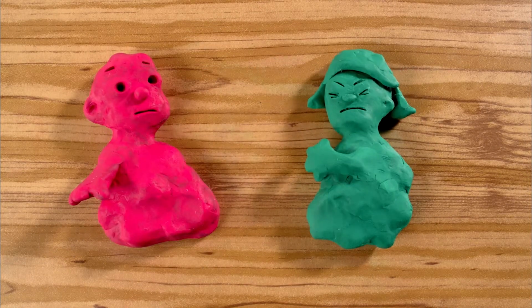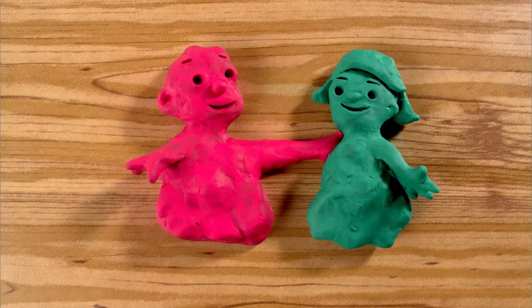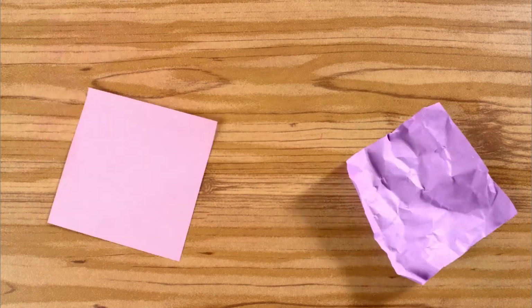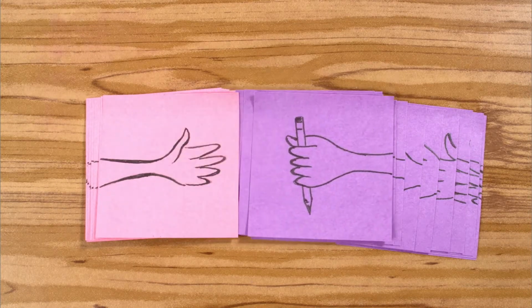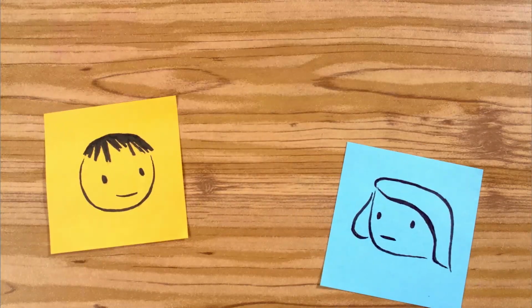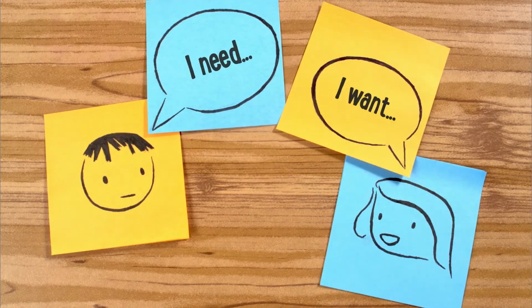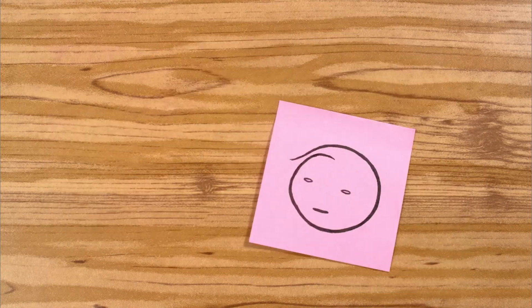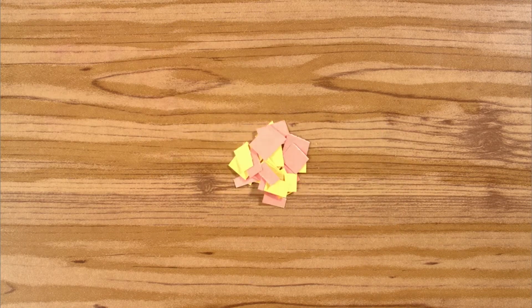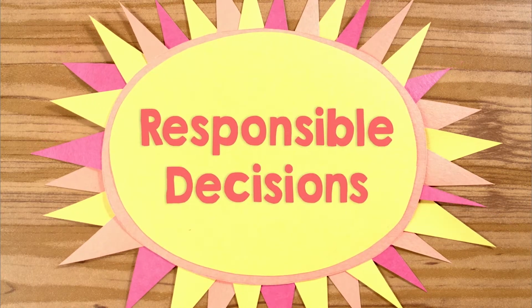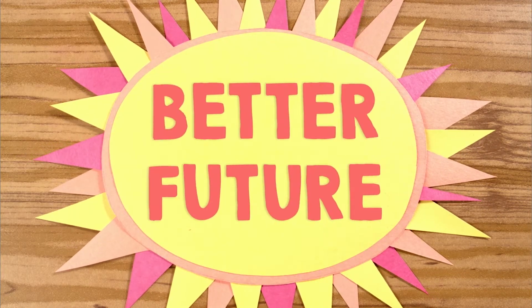It's not difficult to imagine how this is important in the classroom and in life. Students learn to solve problems in peaceful ways and communicate assertively about what they need or want. This helps them get along with other students and get the help they need from adults. When students learn to make responsible decisions about their lives and their future, things can turn out better.